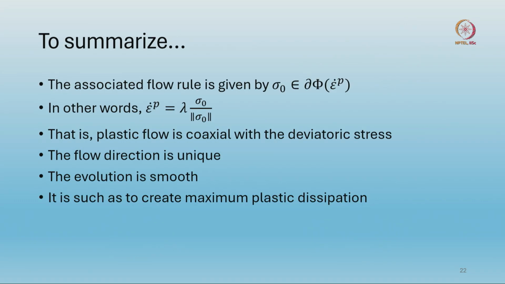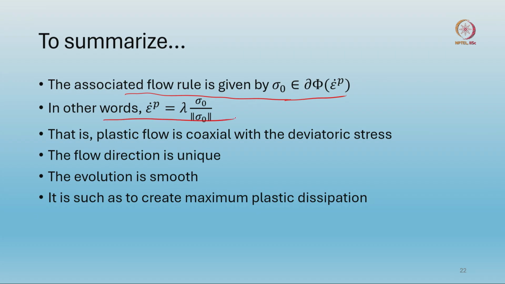So, let us summarize everything. Go through these slides again and again, till it goes into your heart. The associated flow rule is given by sigma 0 belongs to the subdifferential of phi as a function of epsilon p dot, okay.